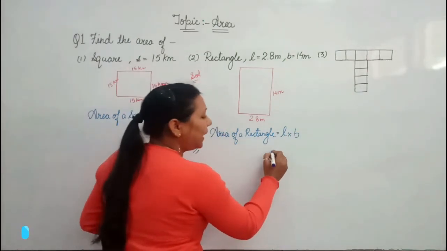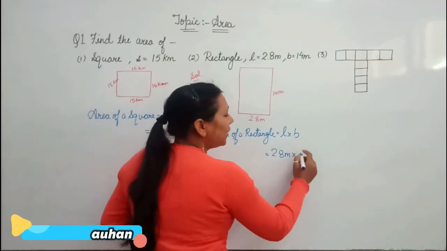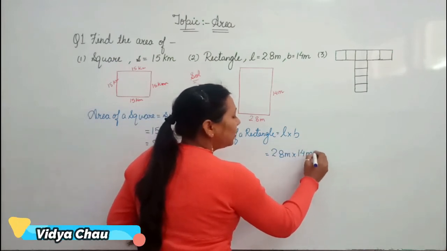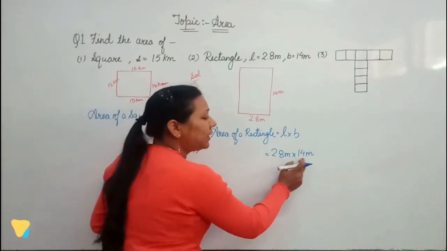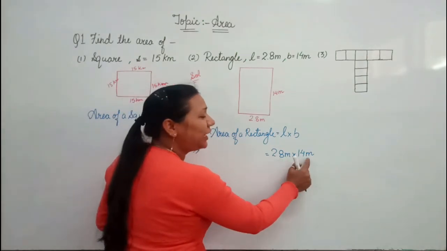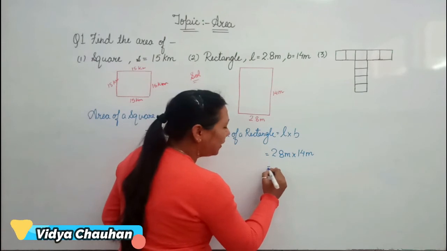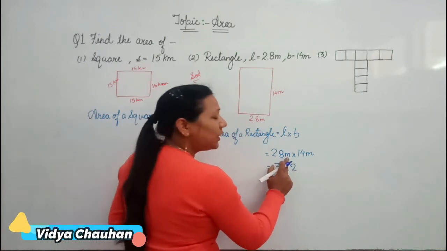What is the value of length? 2.8 meter. What is the value of breadth? 14 meter. Now we will multiply 2.8 meter with 14 meter. So when we will multiply 2.8 meter with 14 meter, your final answer will be 39.2.